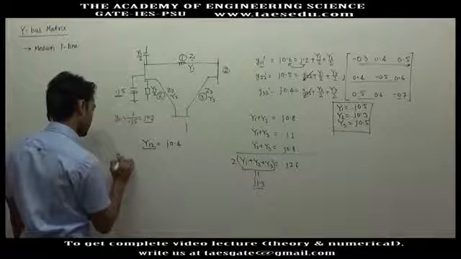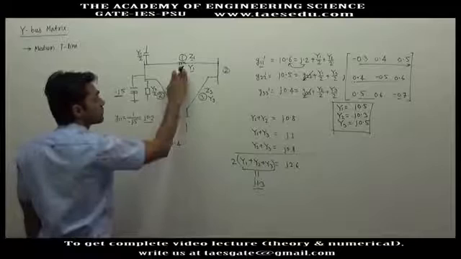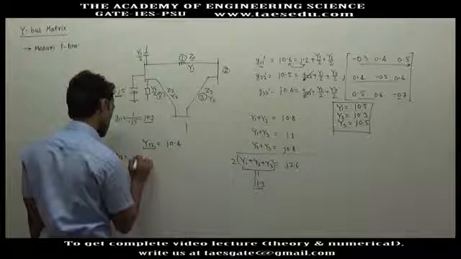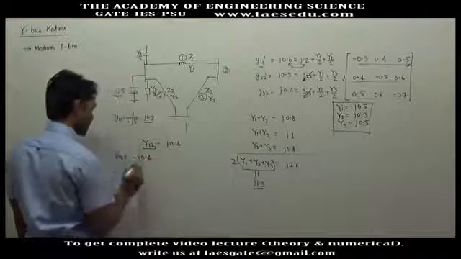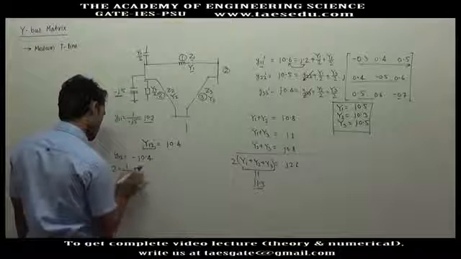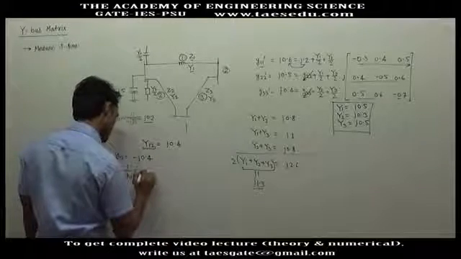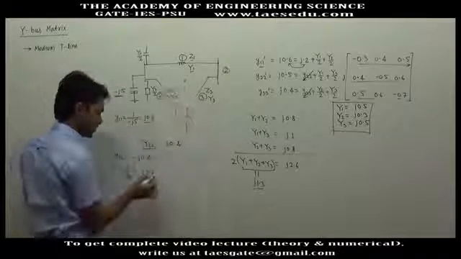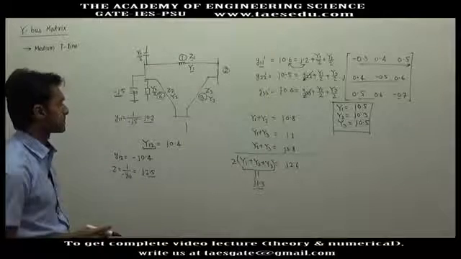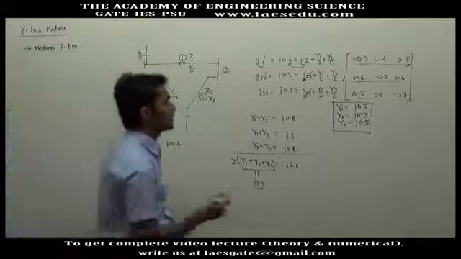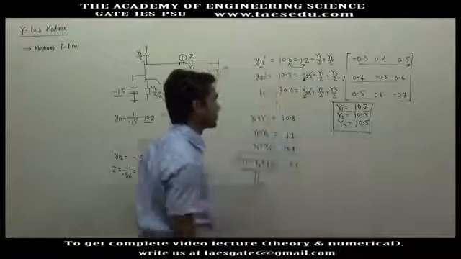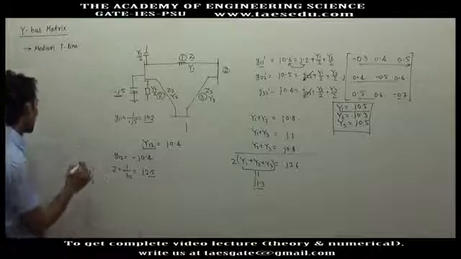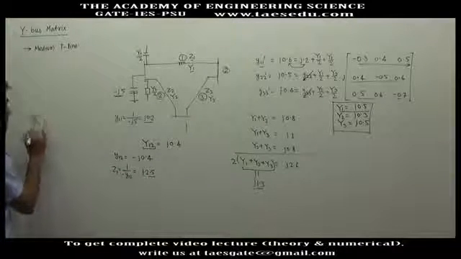So small y12, which is the admittance of the line, will be minus j0.4, and z will be 1 by y12, this will be j2.5. So the reactance of this line will be 2.5 ohm. This is Z1.